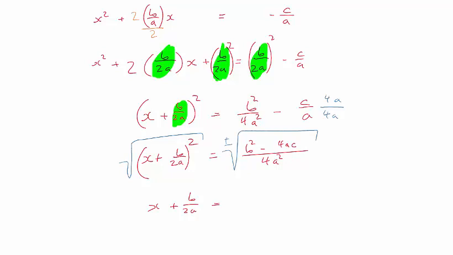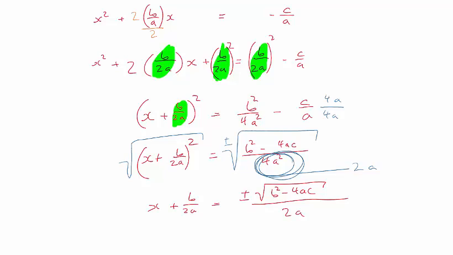And that equals positive or negative square root of b squared minus 4ac. And note, the square root of this guy right here is simply 2a. So that's what we put downstairs there, 2a.